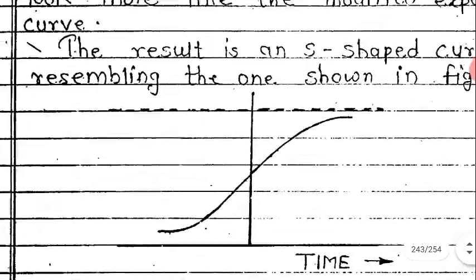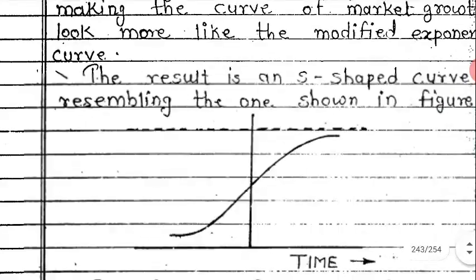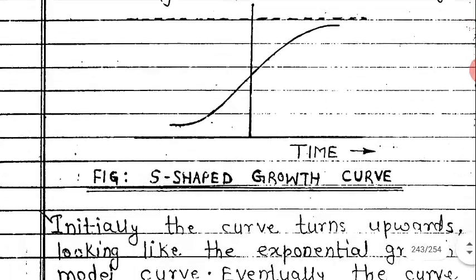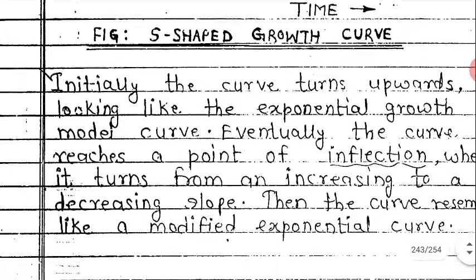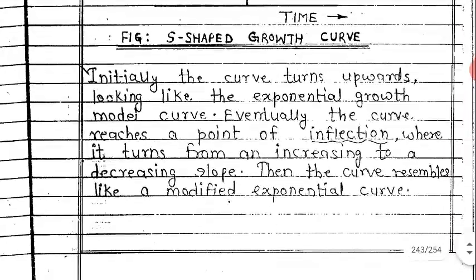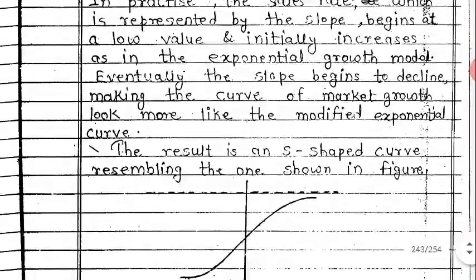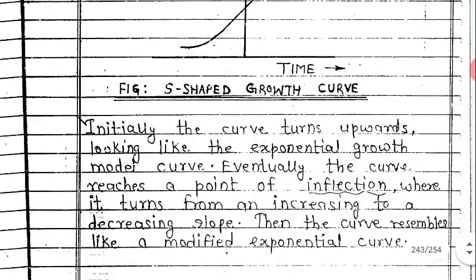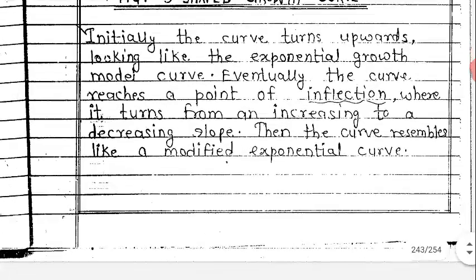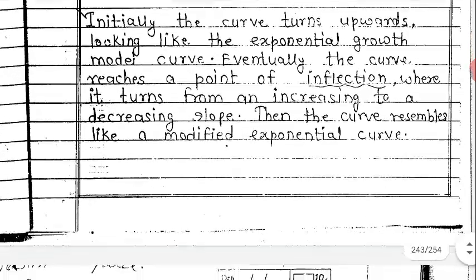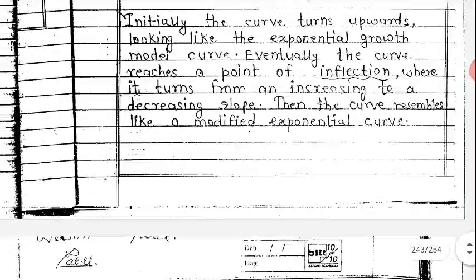After the vertical line it will become decreasing growth, and it will have the logistic curve after the point of inflection. Then the curve resembles a modified exponential curve.